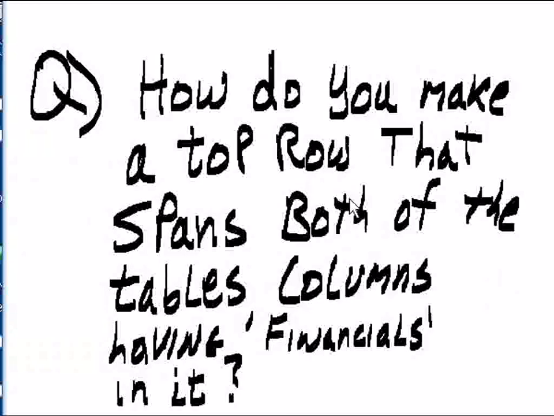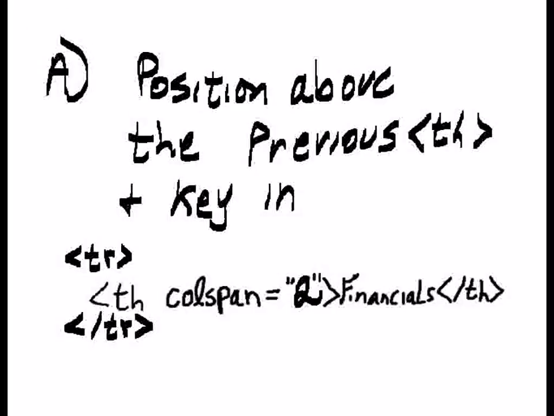How do you make a top row that spans both of the table's columns, having the word financials in it? Position above the previous table header and key in table row, table header, colspan.